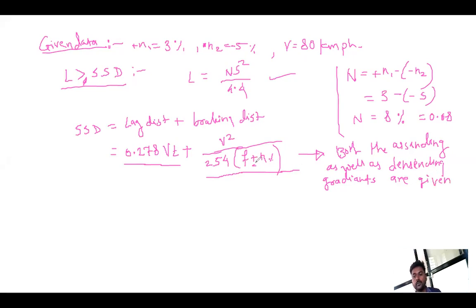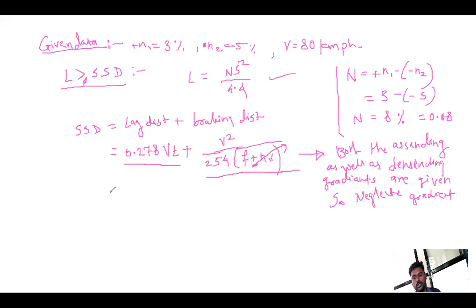Plus and minus will cancel each other, so in this case we have to neglect the gradient. We will neglect this n% value.